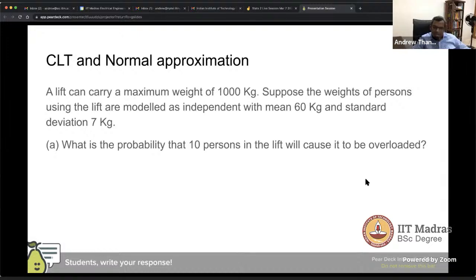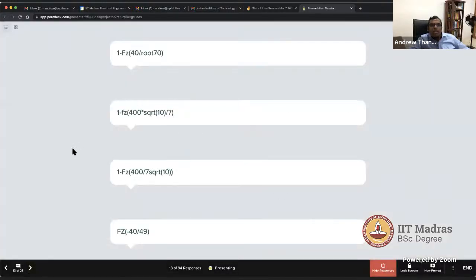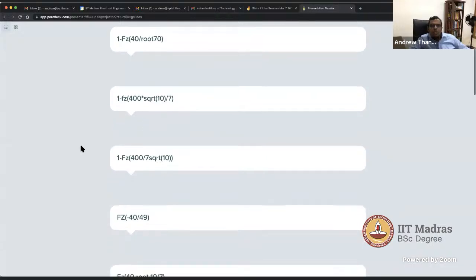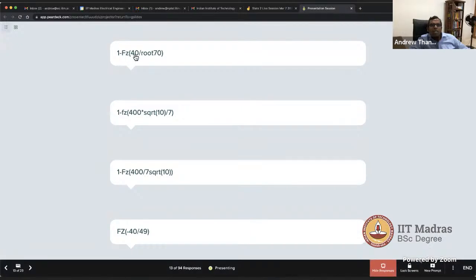Okay, so the steps are pretty much identical to what we did in the previous question, right? So let me just quickly show the responses. 1 minus FC of 400 by root 70. Is it 40 or 400? I think it's 400, isn't it?